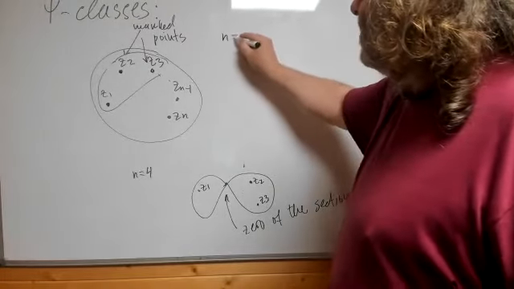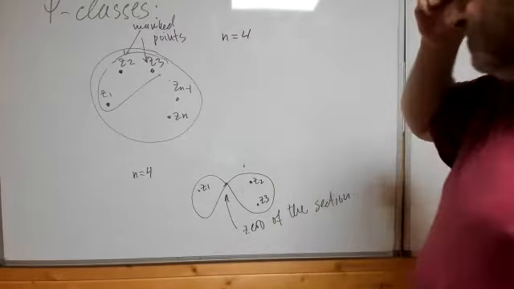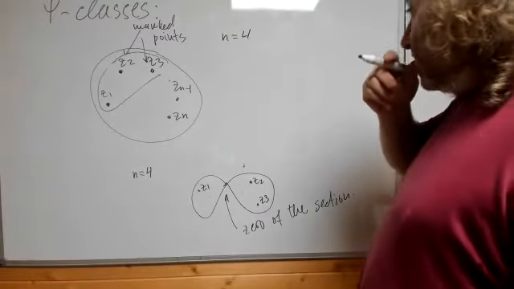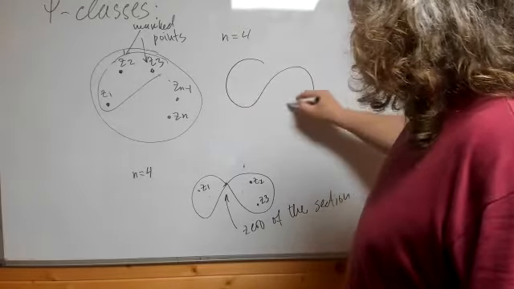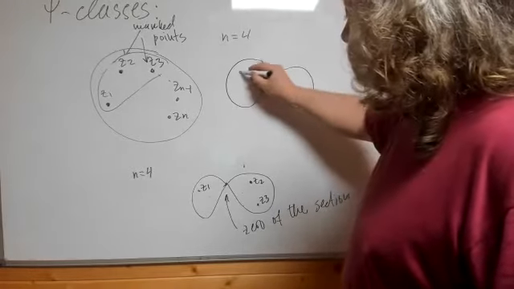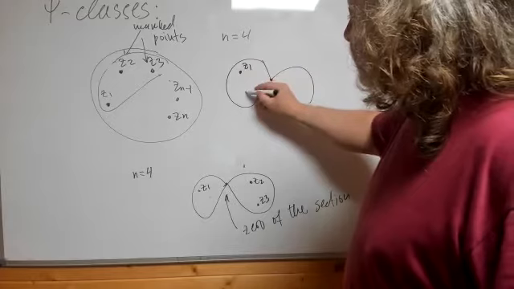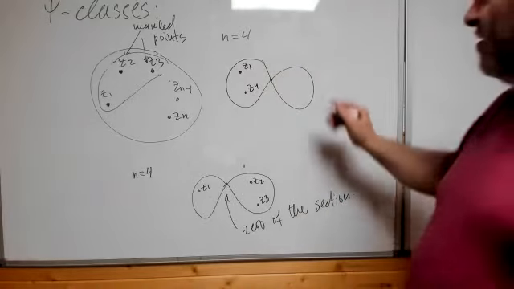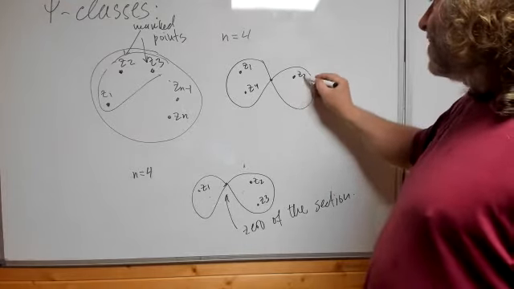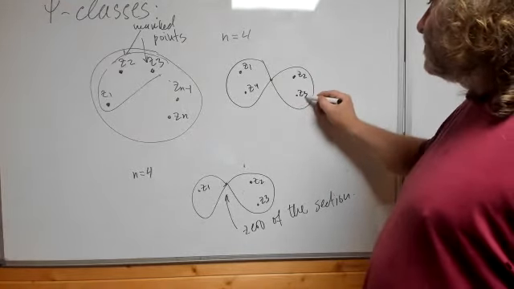So n equals 4. So here we have Z1, Z4. So there is a zero here. Z2, Z3.